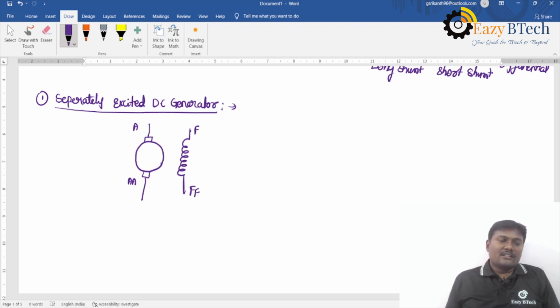A is the starting terminal of the armature winding, AA is the finishing terminal of the armature, and F is the starting terminal of the field winding, and FF is the finishing end of the field winding. Based on the connections between these two, we can say shunt, series, and compound levels. In the compound, we require another connection also.